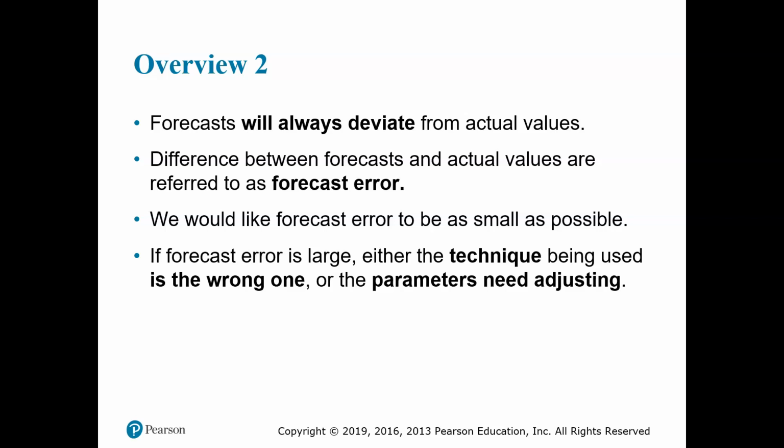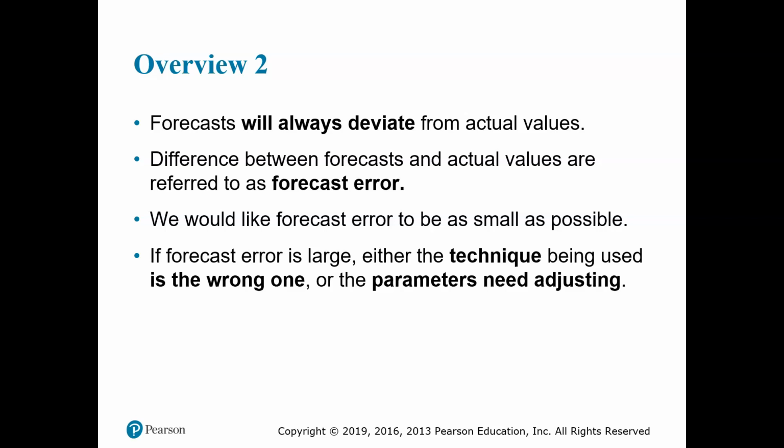Because we know that forecasts always deviate from the actual values. There are lots of different factors that go into determining what demand is going to be. We're using time series forecasting methods to predict future events, but there's always a forecast error.